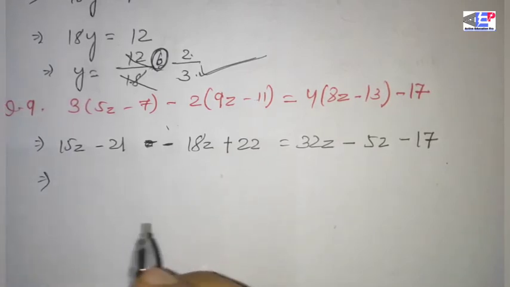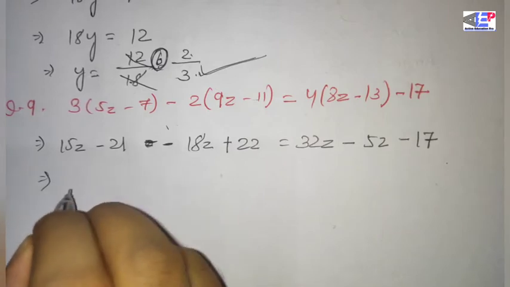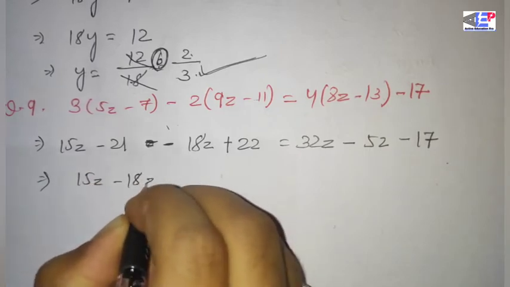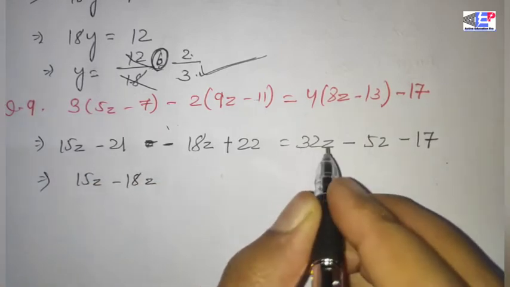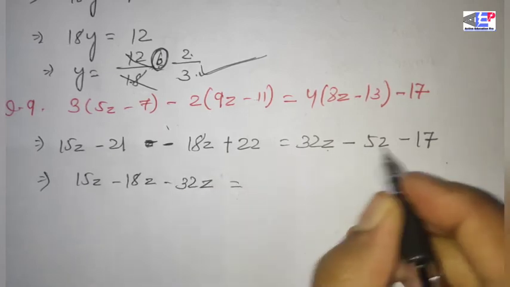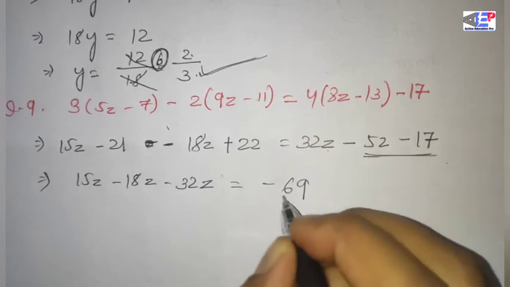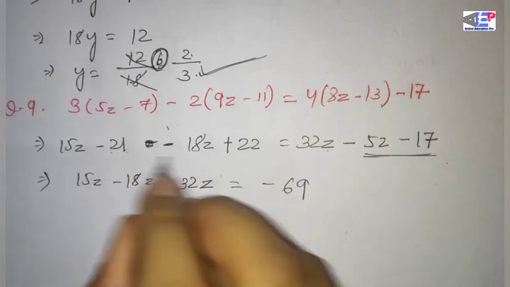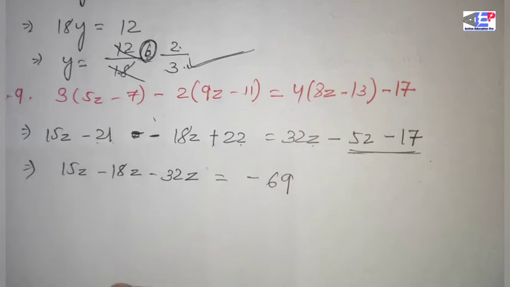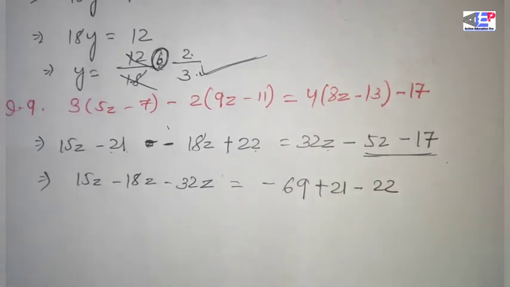Gather the variables and constants as per the rules to solve polynomial equations. 15z minus 18z, here 32z, on our right side it will become minus 32z, and here minus 52 and minus 17, these two become minus 69, and here minus 21 plus 22 will become plus 21 and minus 22.